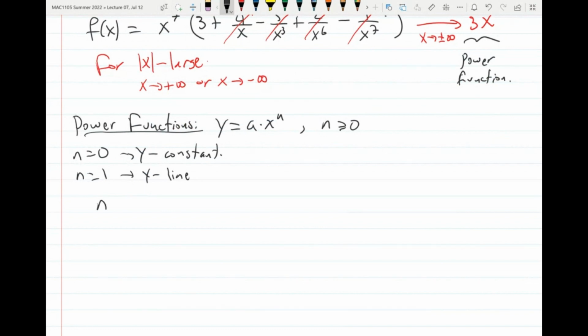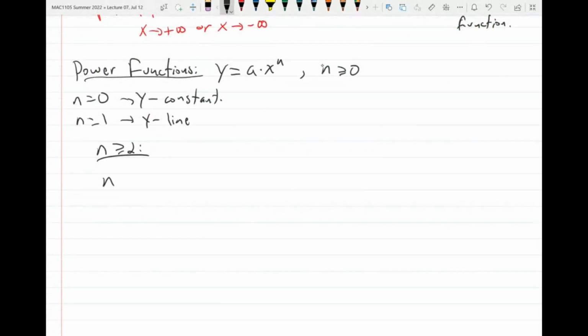When n is greater than or equal to 2, we're going to split it into 2 cases: n even and n odd. When n is even, I'm going to do this one, because if a is positive, this is just a stretch or a compression.